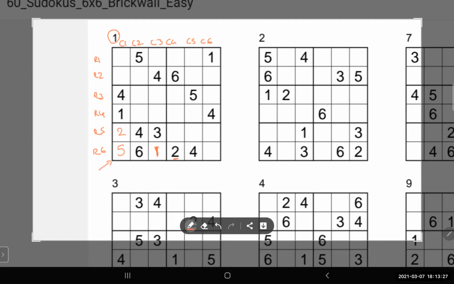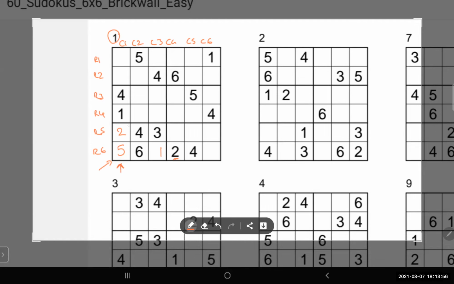Now can you solve from here? Yes, sir. Look at this column. What are the missing numbers in this column? There is only 2 and 4.